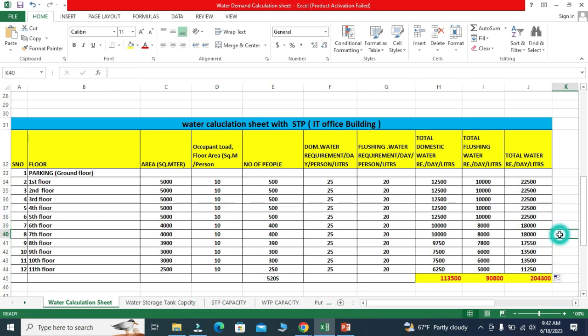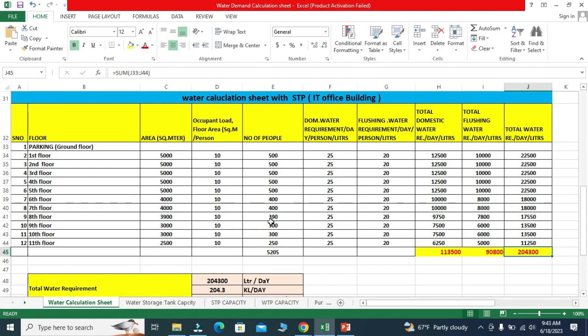If we sum all this, domestic water for the 11th floor will be 11,3500 liter, and flushing water 9,800 liter. The total water requirement is 20,4300 liter for this building.